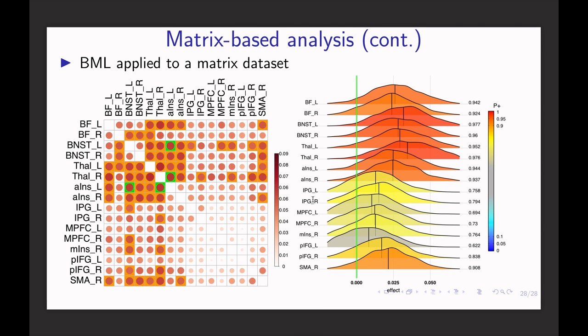But let's see what we can do with Bayesian multilevel modeling. We apply it to this particular data set with 16 regions. First of all, we don't have a multiplicity issue because we only have one model. On the left-hand side, we see the full results, no thresholding. Everything is presented. You can highlight some region pairs based on strength, but you don't have to hide the rest. That's the beauty of this approach.